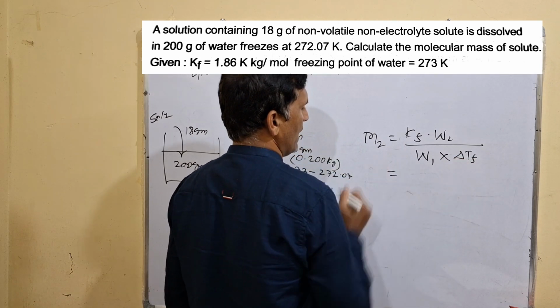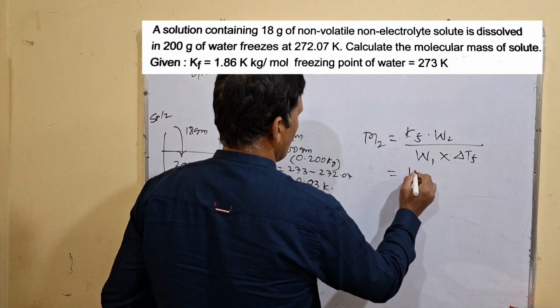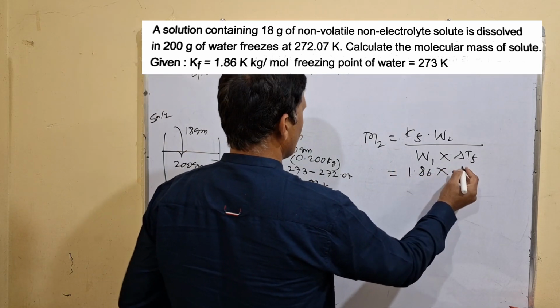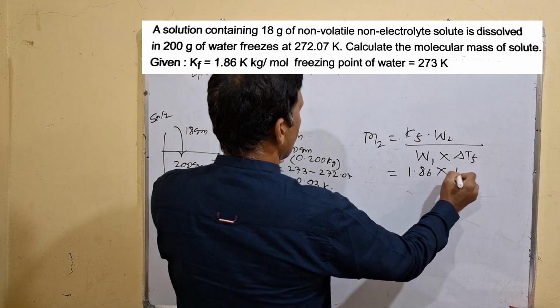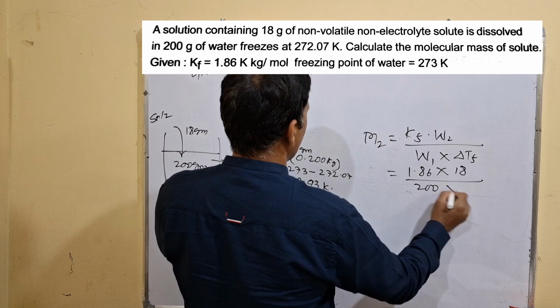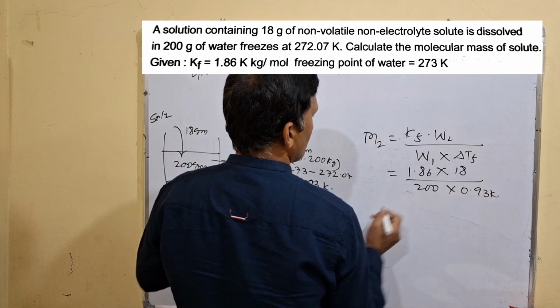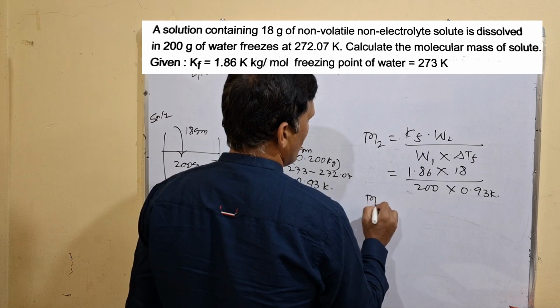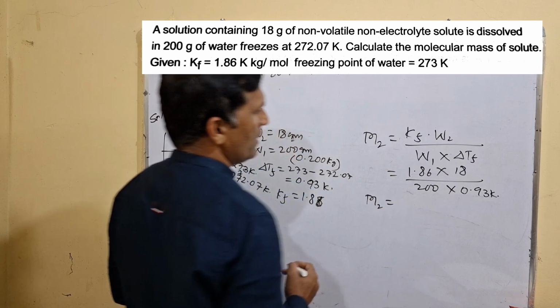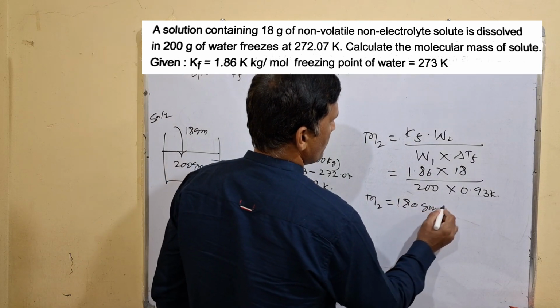Let us substitute the values: KF 1.86 into W2 is 18 gram divided by W1 is 200 gram into 0.93 Kelvin. If you solve this problem, you will be getting the molecular weight 180 grams per mole.